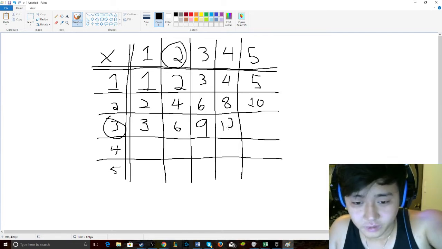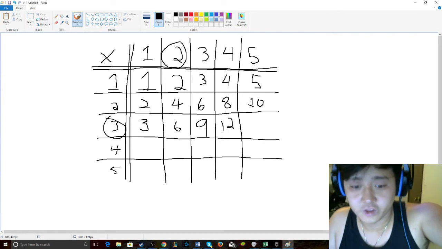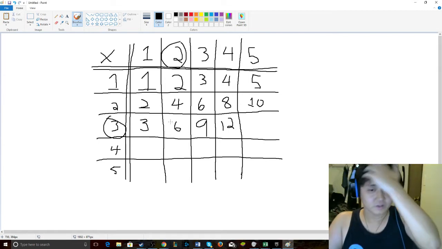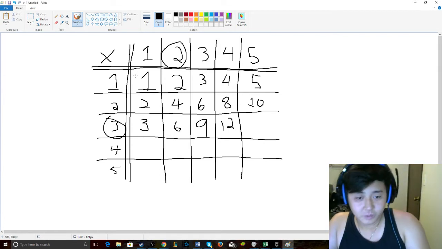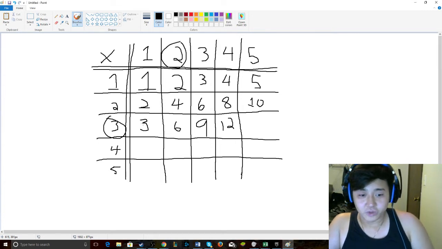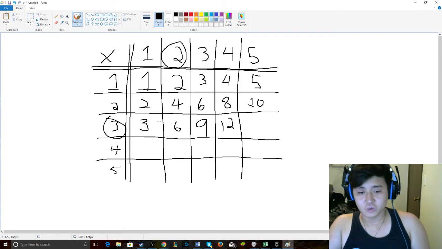So if you continue this pattern, you'll notice the difference between each time you multiply something by 3. The difference between 3 times 2, which is 6, and 3 times 3, which is 9, is 3.